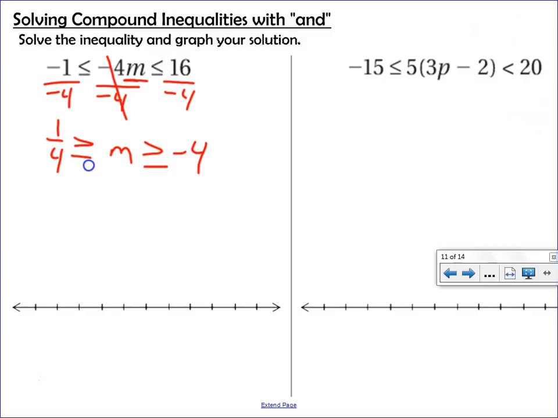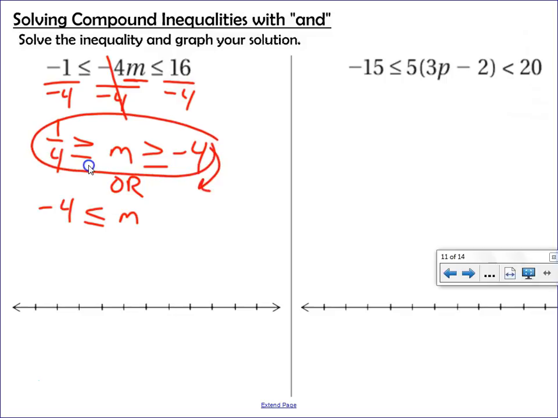Okay? You can rewrite it by flipping it all around if you'd like. We said typically we like to have the less thans first. We could flip this whole expression around. You don't have to. But then we have the values of m are greater than or equal to negative 4, but also less than or equal to 1/4.